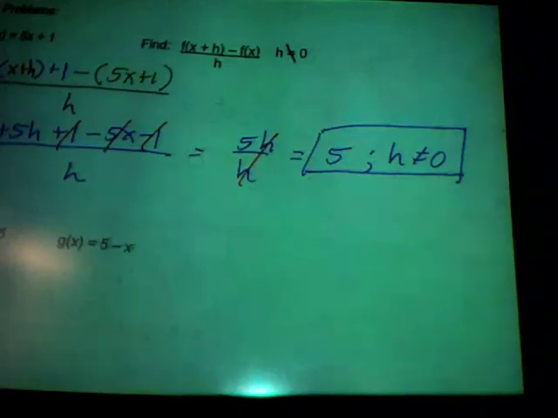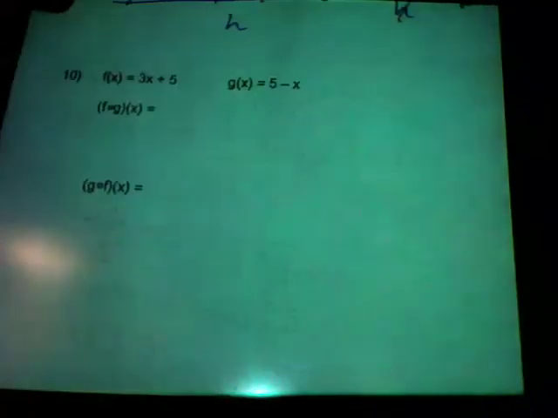All right, and then these last ones are also on your own. Just do fog and goff. You're not plugging in anything into them, and then I'll show you the answers here shortly.